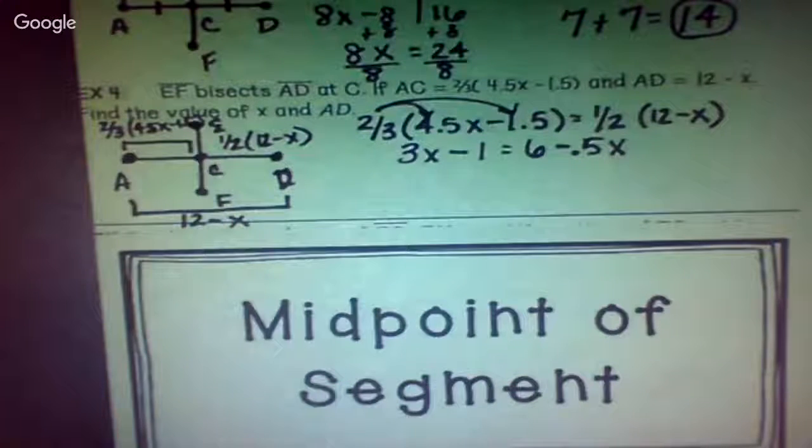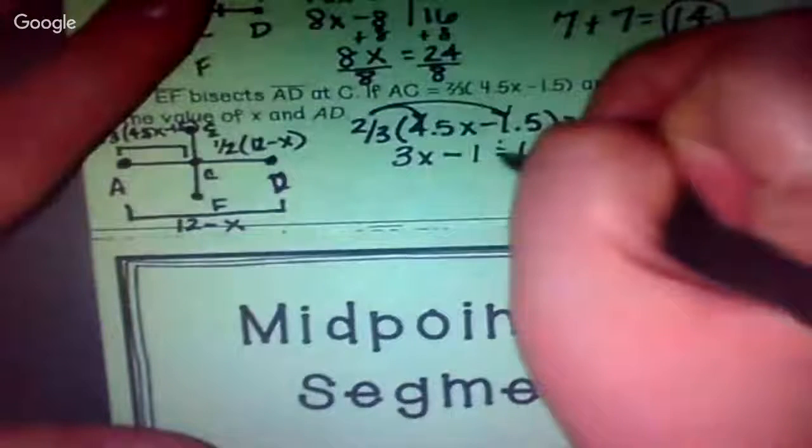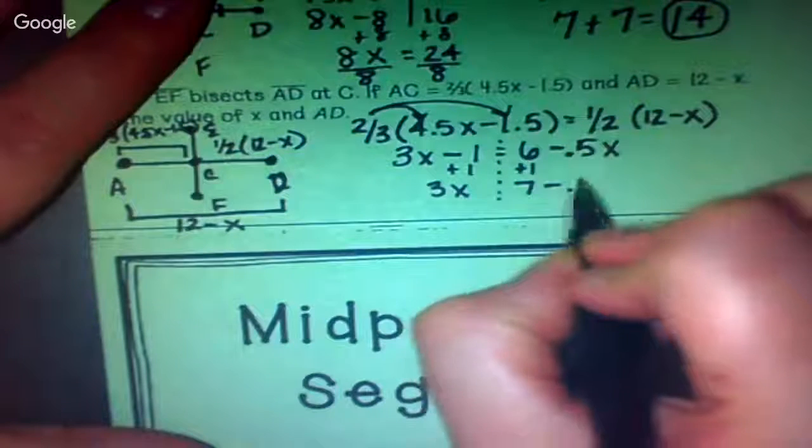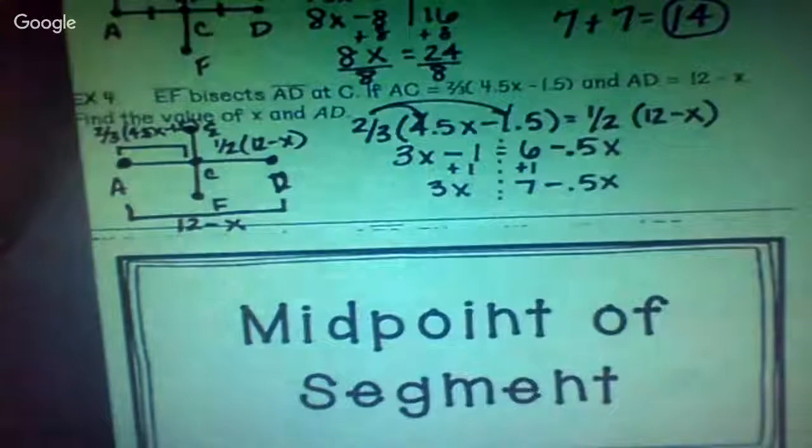Okay, I need x's to one side, numbers to the other. What would you like to move? You want to move the 1. That leaves me with 3x equals 7 minus 0.5x.